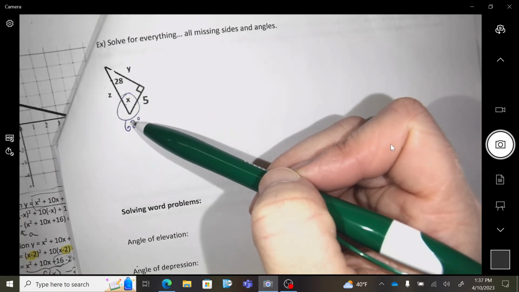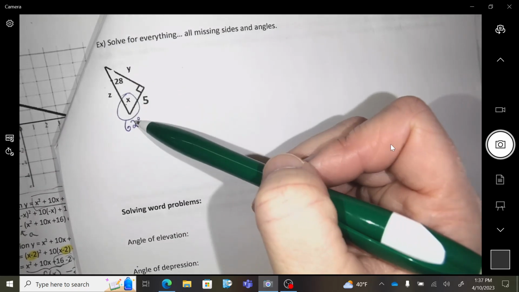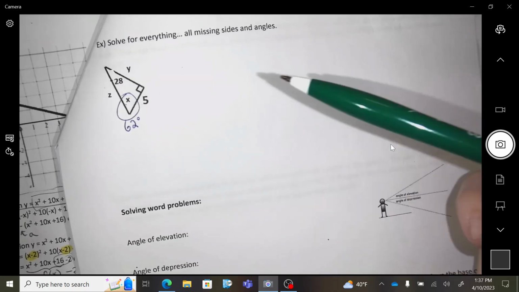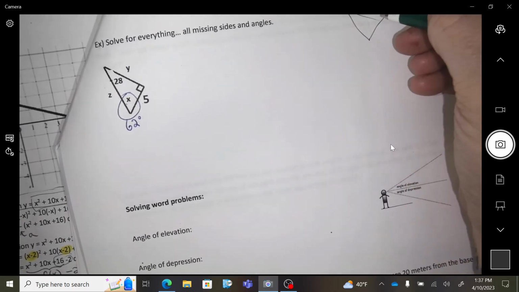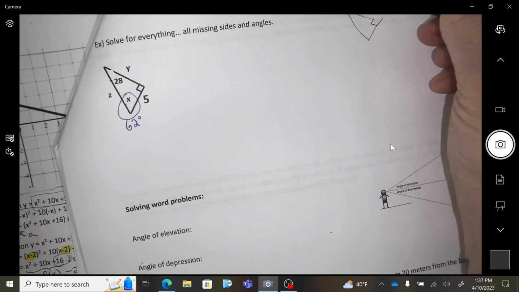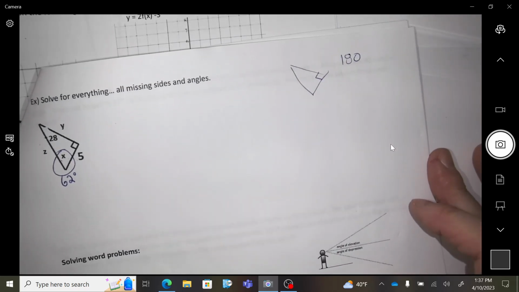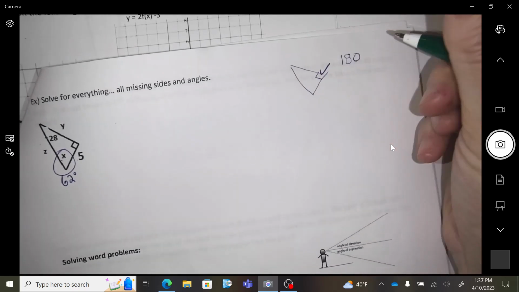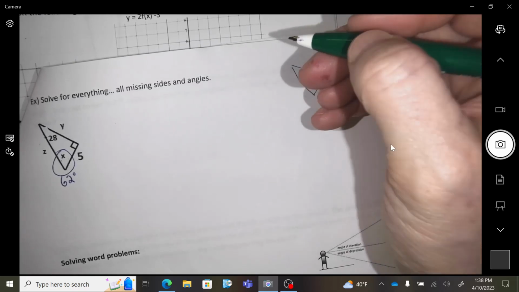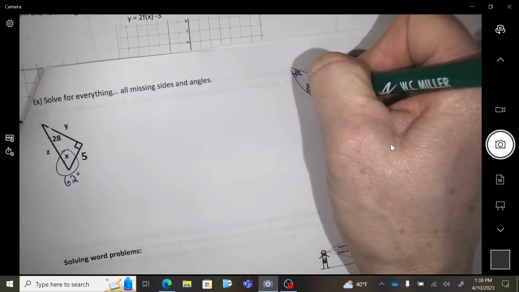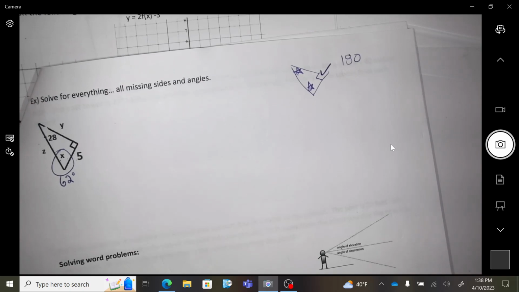So why was he saying 90 minus 28? Because they all add up to 180, but there's already 90 degrees in there, what do the other ones always make? 90 together, right?